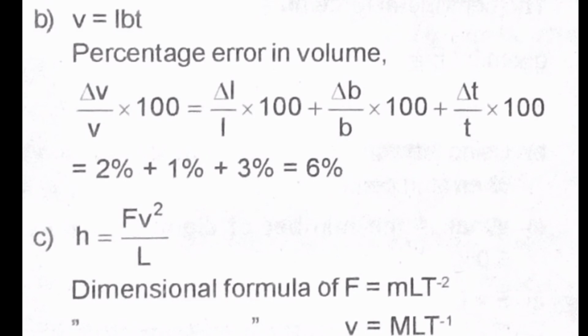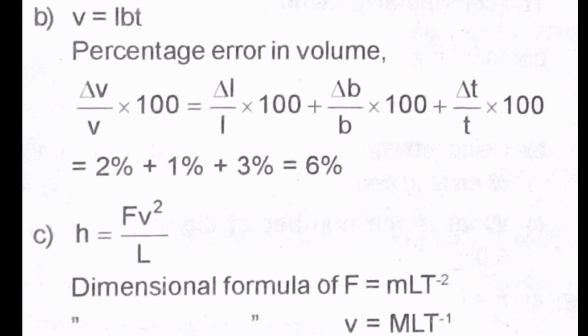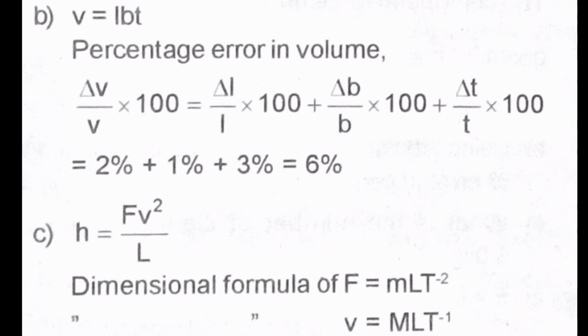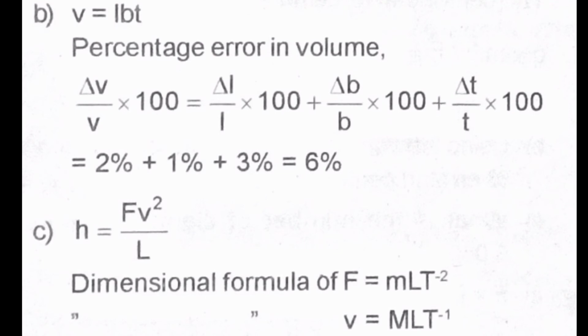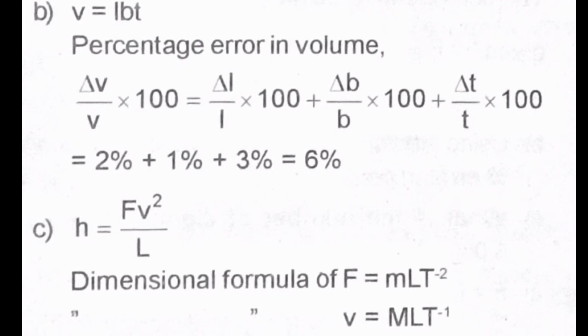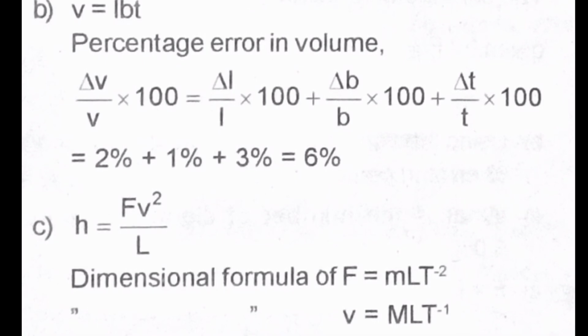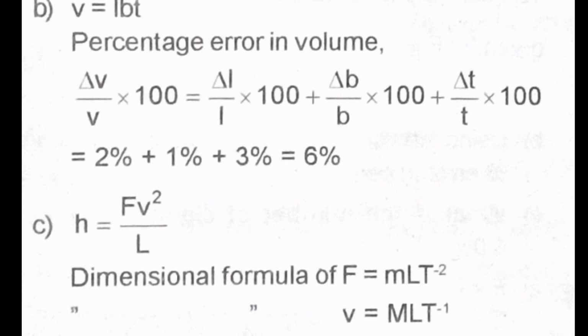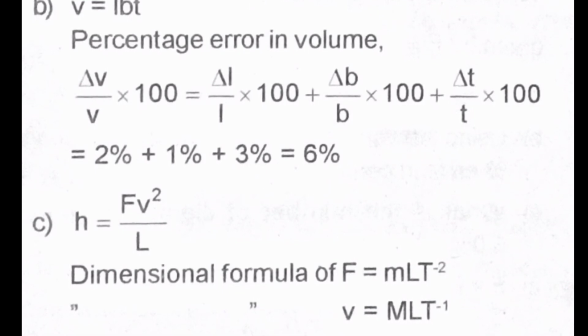Then plus delta B by B into 100, that is 1%, plus delta T by T into 100, which is 3%. So that will be 2% plus 1% plus 3%. So the answer is 6%. Clear?